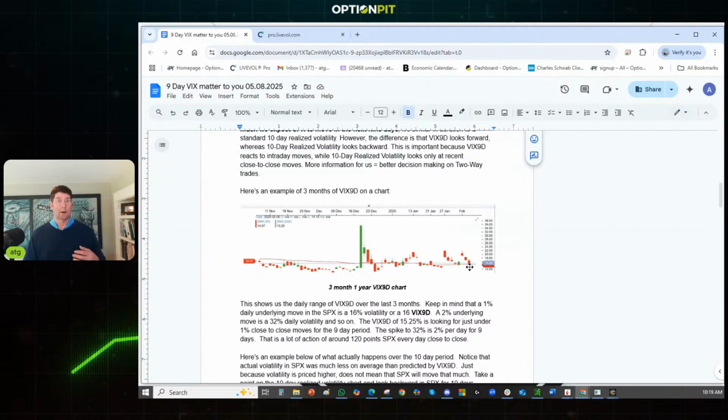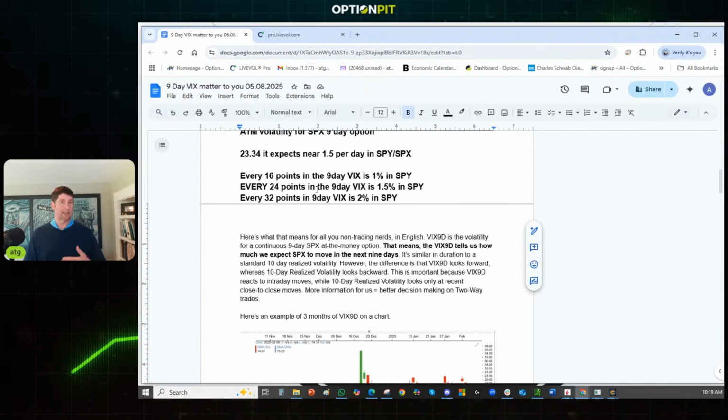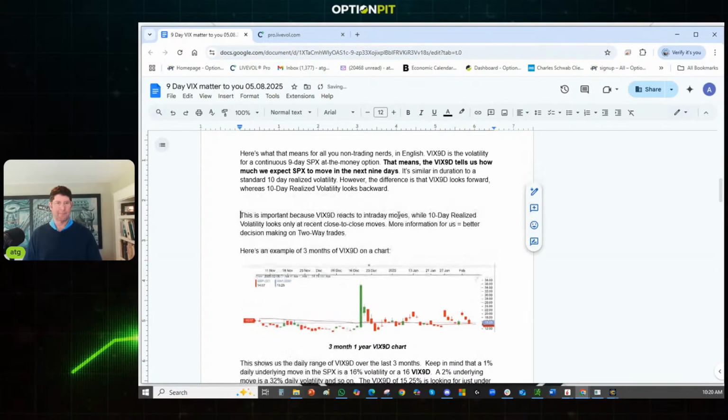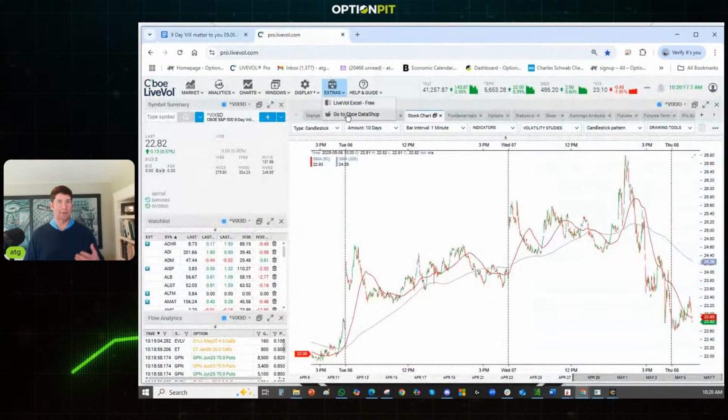So as you look at this, getting an idea of how we're moving, the next part is finding here. I have a little note here for you. This is important because 9-day reacts to intraday moves, while 10-day realized vol looks at the backward moves. So right now we're kind of in an odd place in the market, and I'll show you why.